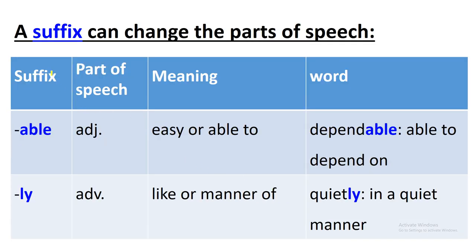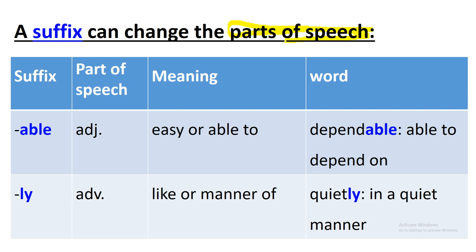Some suffixes can change the parts of speech. What are the parts of speech? Parts of speech are like nouns, verbs, adverbs, and adjectives. So if, for example, I have the adjective happy and I add the suffix ly, it will be happily. Is happily an adjective like happy? No, happy is an adjective.